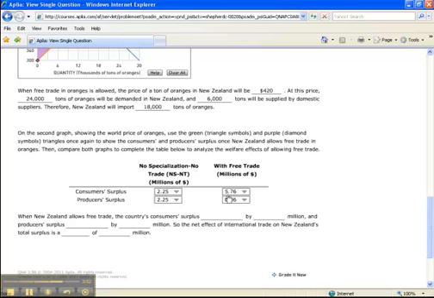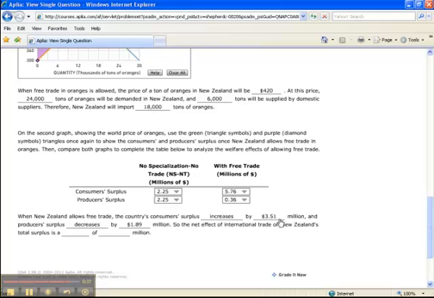So therefore, when we look at this country's consumer surplus, it went from 2.25 up to 5.76, so we increased it by 5.76 minus 2.25, which gives us $3.51 million. And then our producer surplus went from 2.25 down to 0.36, so it decreases by the difference of $1.89 million.